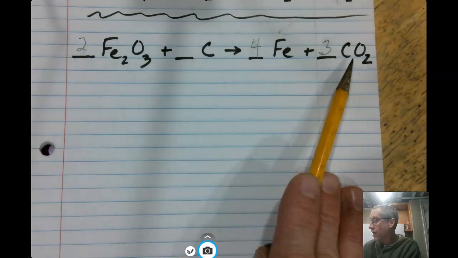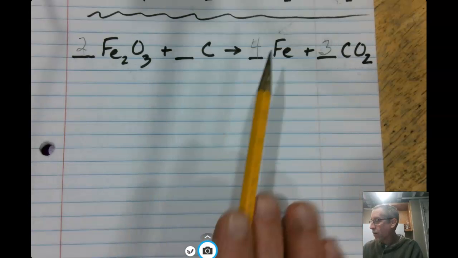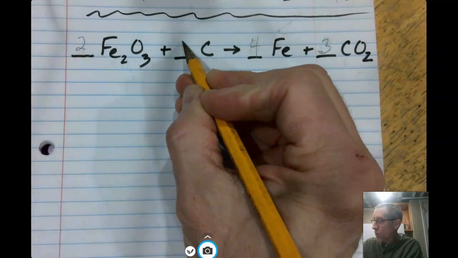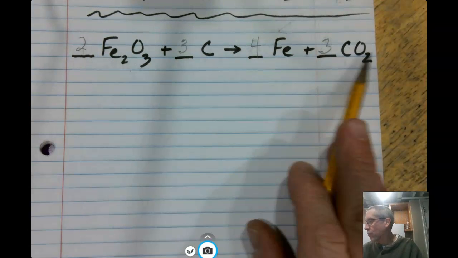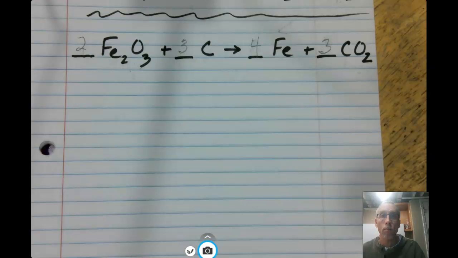So that means 3 times 1, or 3 carbon atoms here. So how do I get 3 on the reactant side? I just need to triple my coefficient from 1 up to 3. And so when we go through and we check all 3 different kinds of elements, my iron, my oxygen, and my carbon, they are now all balanced.